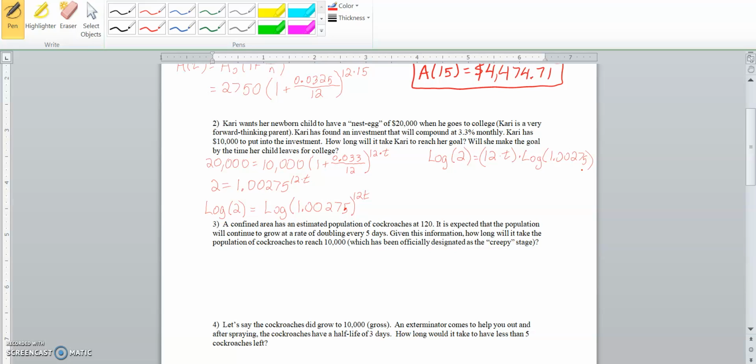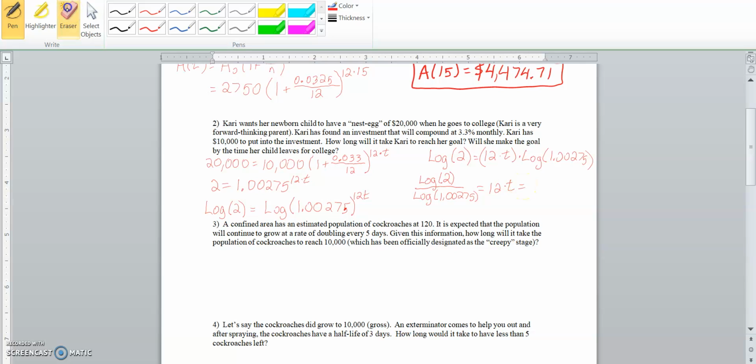So we get this is equal to 12t, that number.